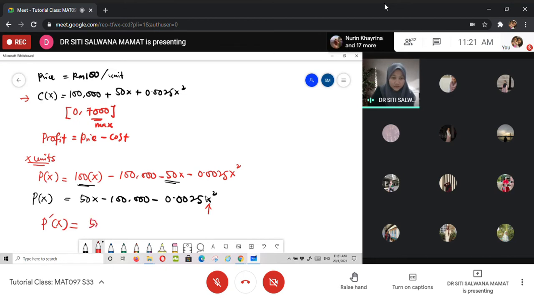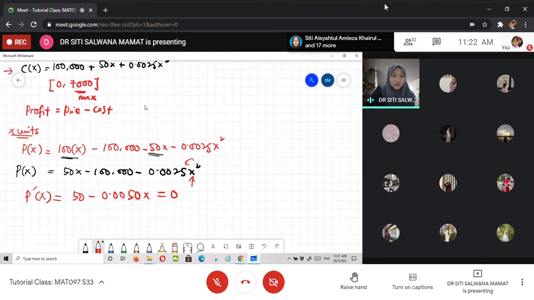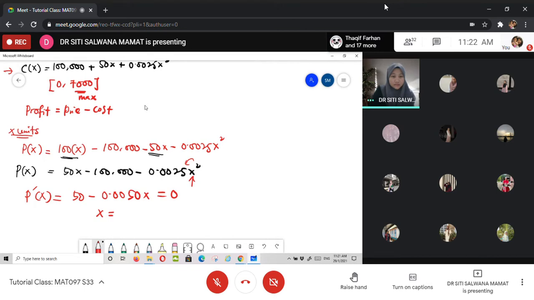You akan dapat 50 minus, this part 0, and then you dapat negative 0.0050 X. So P prime X is equal to 0. And then apa lagi possible value untuk X kita? So this part minus divide by this. Yang bahagian ni kita dapat berapa? 10,000. Okay, boleh kan?